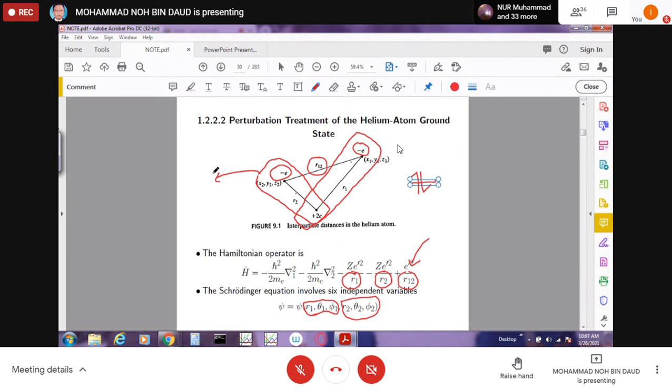So this is the hydrogen-like system, the first hydrogen, and this is the second hydrogen. We know each of these from Physical 1.